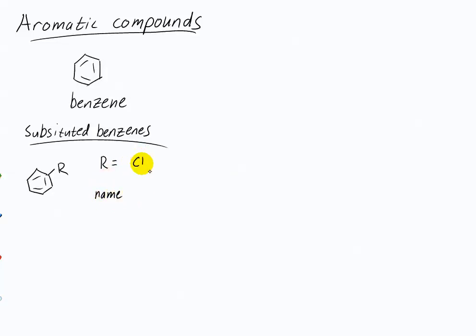Now when R is a methyl group, what's the name of that molecule? Anybody know? We got that one. That's toluene. What about when the R is an alcohol?